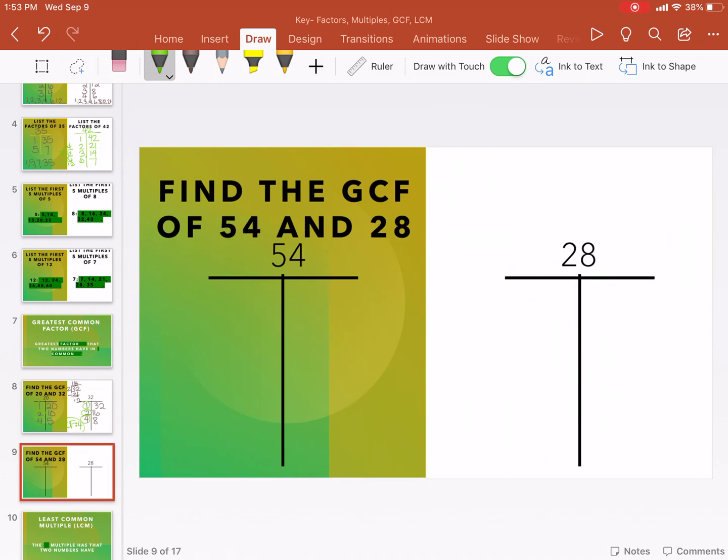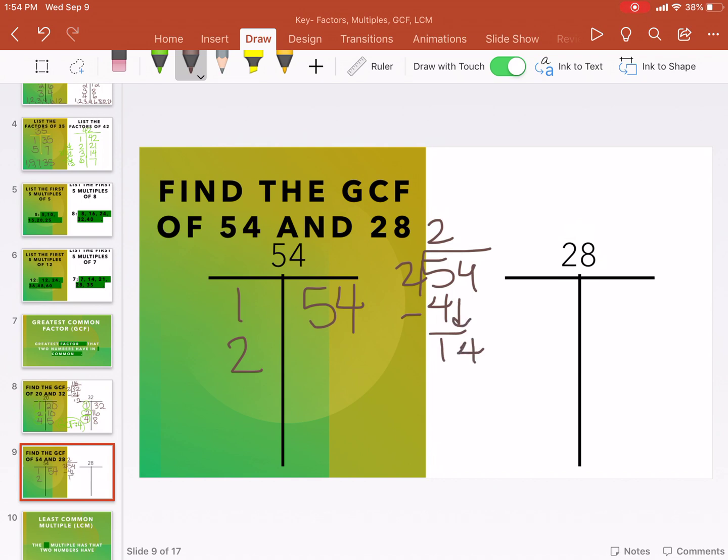Okay. So go ahead and pause and start with 54. Let's see what you can do for 54. So 1 and 54. 2 and 27. 3 will work.